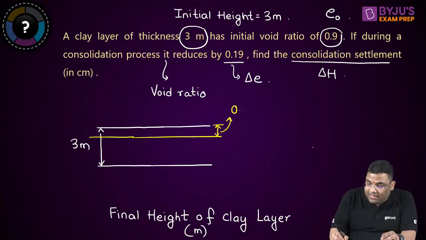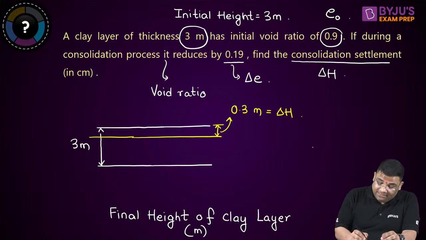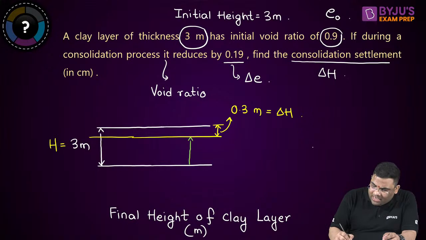That is 0.3 meter, this is delta H. This is your initial height H. So what is your final height? Very straightforward: the final height will be H minus delta H, that is 3 minus 0.3, giving 2.7 meter. This is your final height.